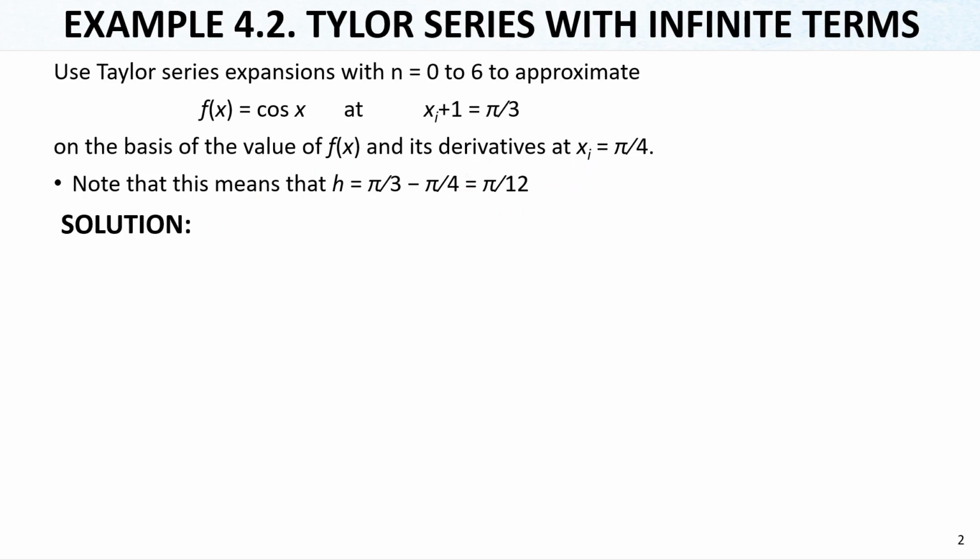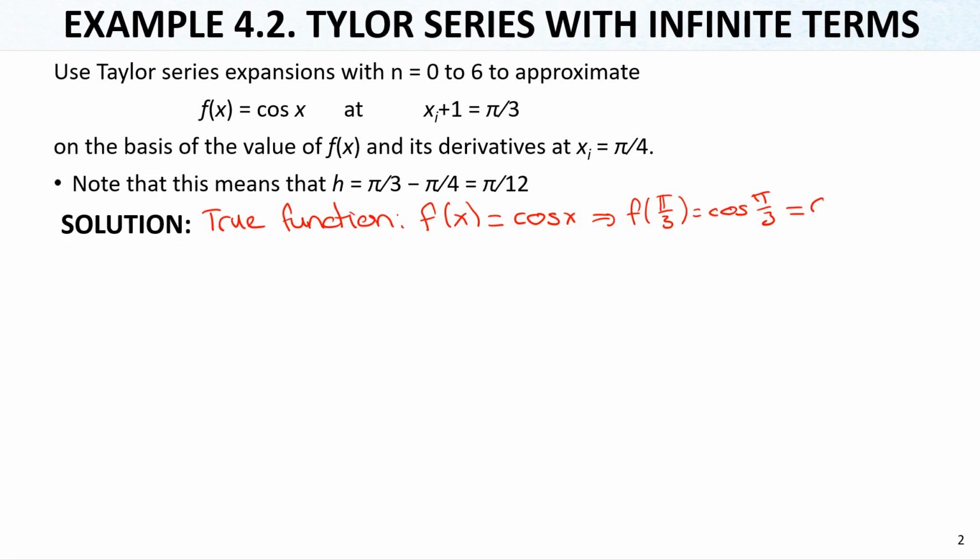Let's start solving this. Let's see the true function value. And we know that the true function is cosine x, and for pi divided by 3, let's write it in the function. Cos pi divided by 3 gives us 0.5.